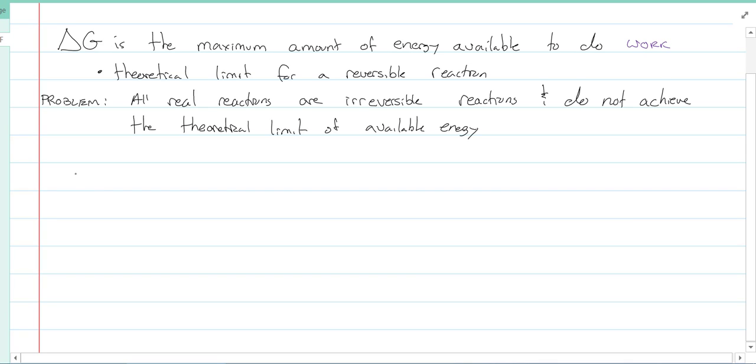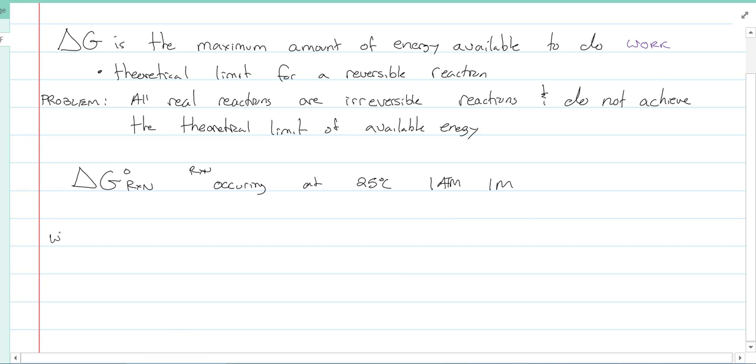So let's talk about delta G standard of a reaction. This value for whatever reaction is occurring, so the reaction is occurring at 25 degrees Celsius, 1 atmospheric pressure, ATM, 1 molar of the solution.